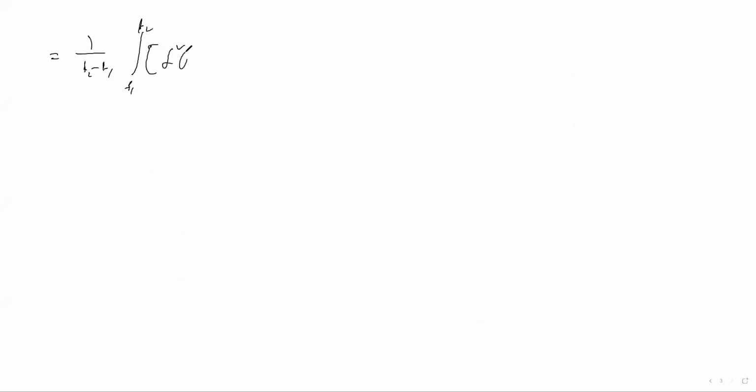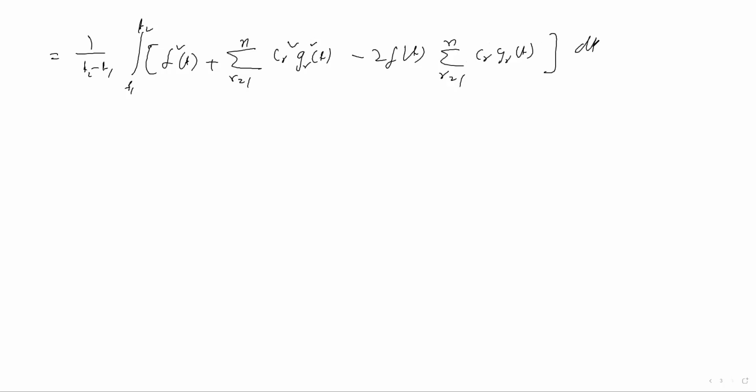If you expand, there is A squared plus B squared minus twice AB. We are not going to equate.